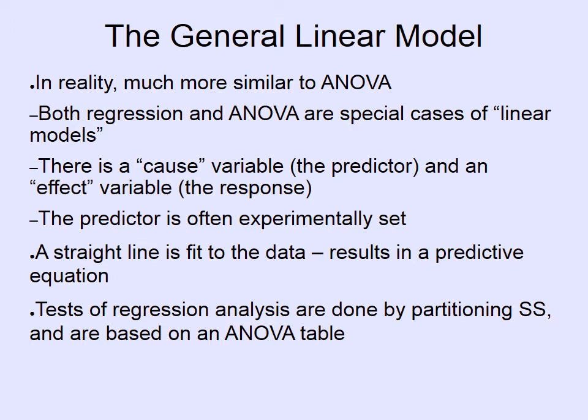We saw in ANOVA that maybe we're giving certain dosages of drugs, and that's a setting of the predictor, and then we were looking at means. This is a little bit different in regression, in the sense that we are looking at the association of two variables that we measure and seeing if we can create a predictive equation. But that partitioning of sum of squares and building of the ANOVA table is going to be here in regression, just like in ANOVA, with a few tweaks.